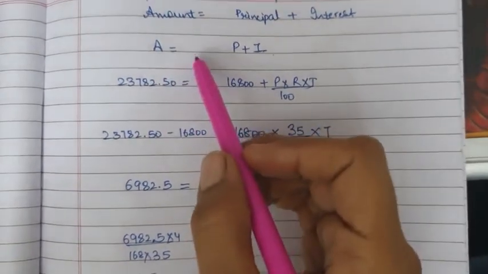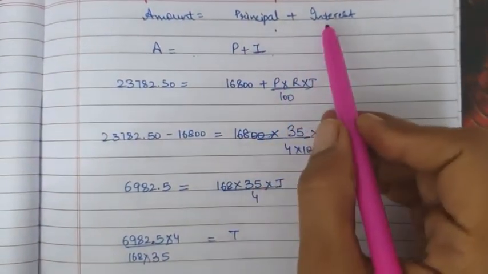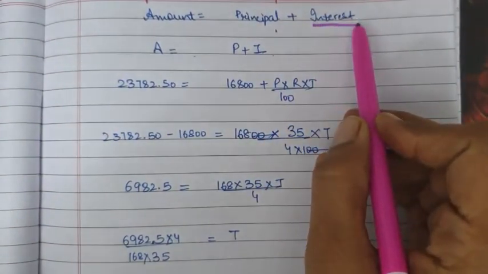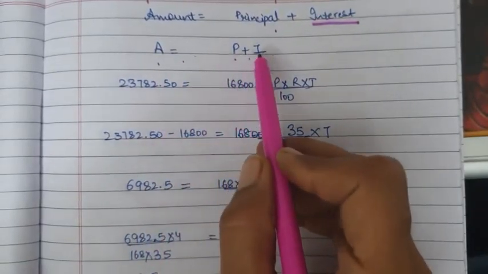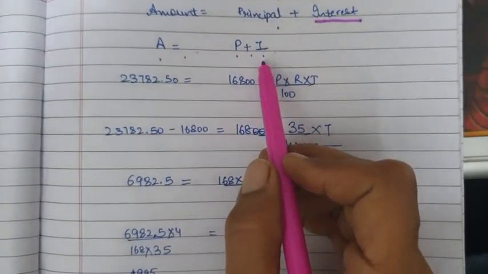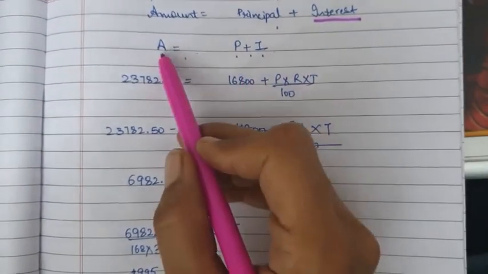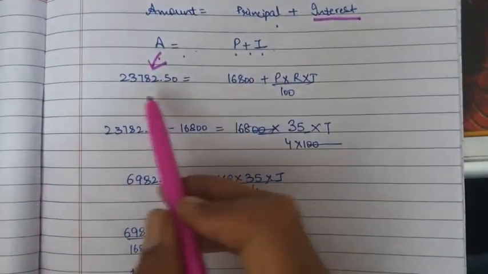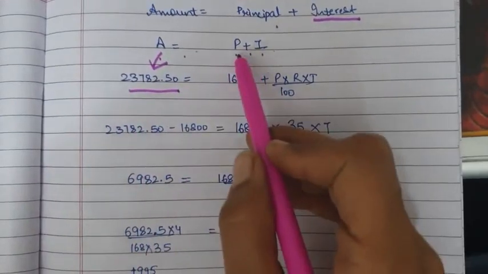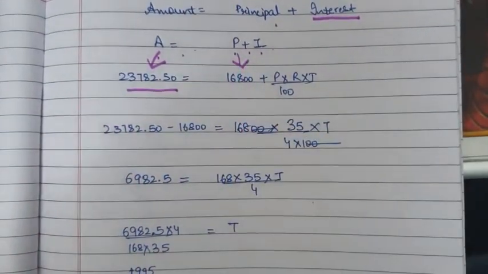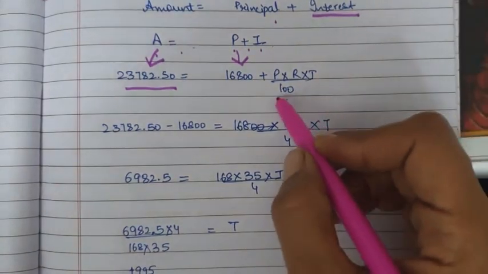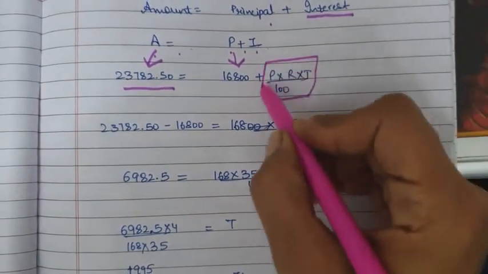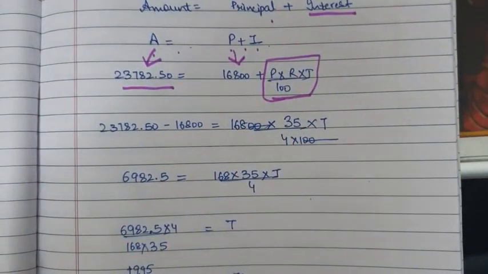Amount is what? Amount is principal plus interest. That is A is equal to P plus I, in short if you write. Amount is given to you, we have put the value. Principal is given to you, we have put the value. And here first we have put the formula of interest.